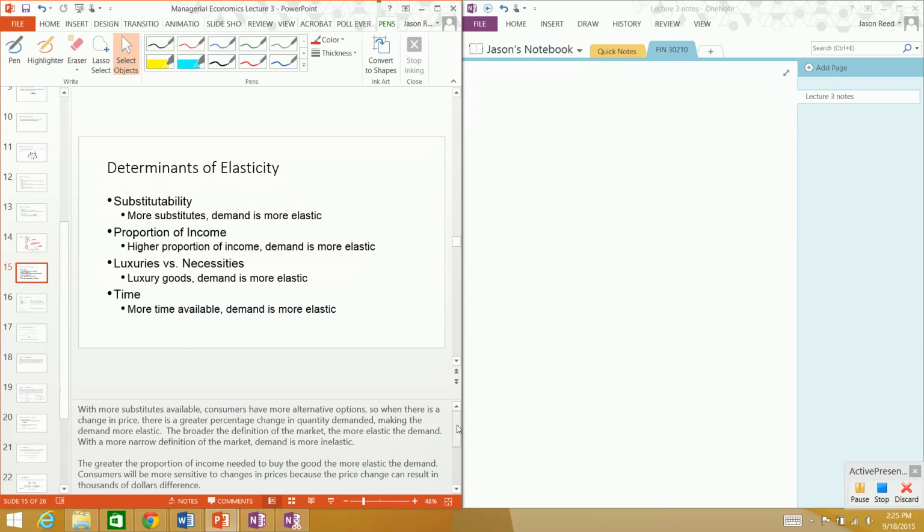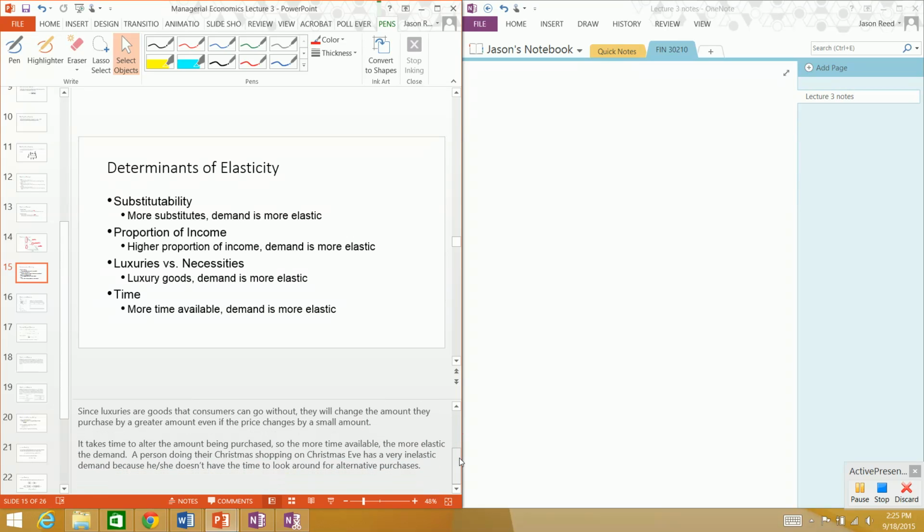The next driver of elasticity is luxuries versus necessities. Since luxuries are goods that consumers can go without to some degree, they're much more sensitive to price changes. Whereas necessities are goods that you must consume. Think about baby formula. It's a necessity, and there are almost no alternatives. So with that, we come to very inelastic goods.